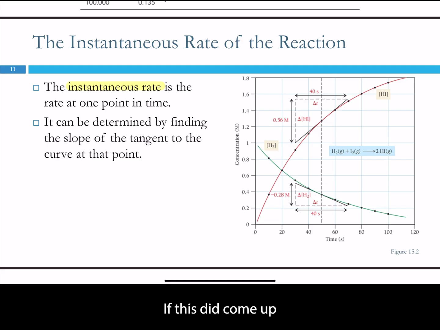If this did come up as a test question, I would give you a graph. You do your best to draw lines, and there's going to be some error whenever you're calculating something from a graph. So use the tangent to find the slope just at that single point in time.